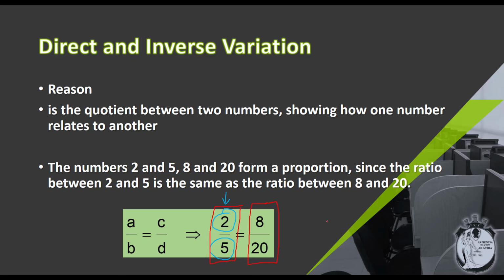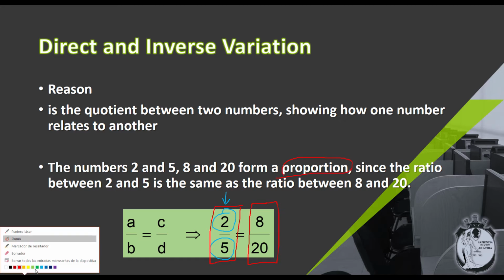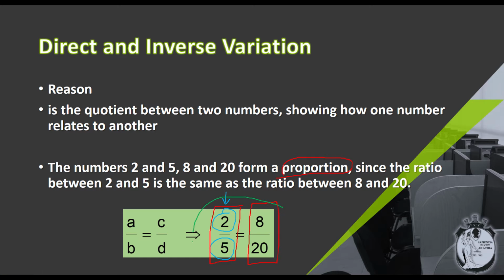If you match two reasons, you get a proportion. All of that is a proportion. Understanding that, a reason again is the relation between two numbers. If you match two reasons, you get a proportion.